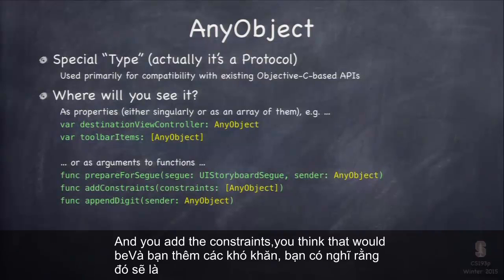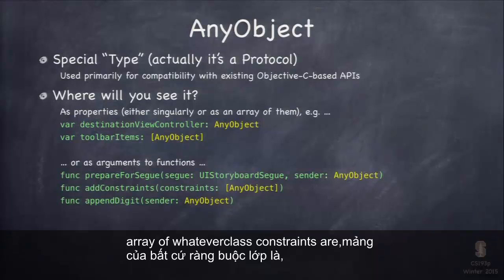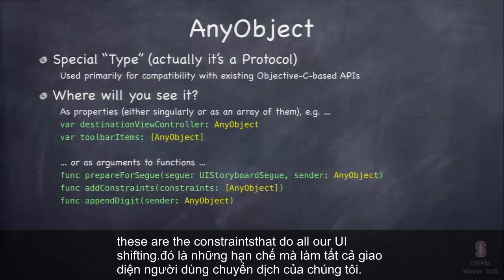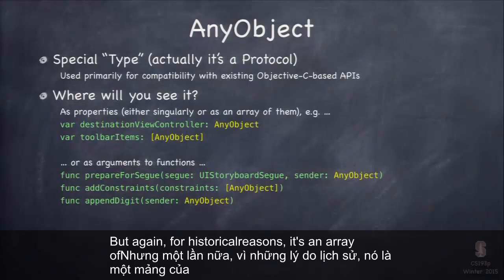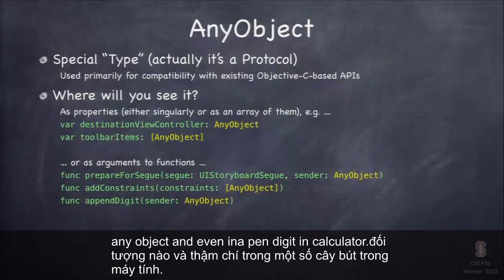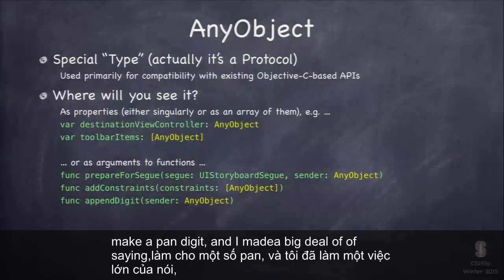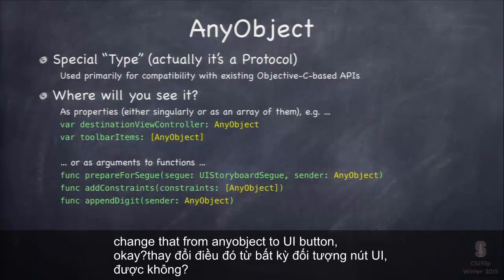And you add the constraints, you think that would be array of whatever class constraints are. I haven't taught you about this, but these are the constraints that do all our UI shifting. But again, for historical reasons, it's an array of AnyObject. And even in appendDigit in Calculator, okay, remember when we control dragged the button to make appendDigit? And I made a big deal of saying, change that from AnyObject to UIButton, okay?